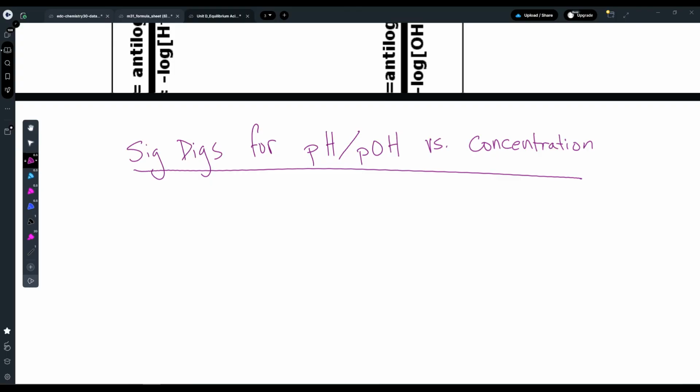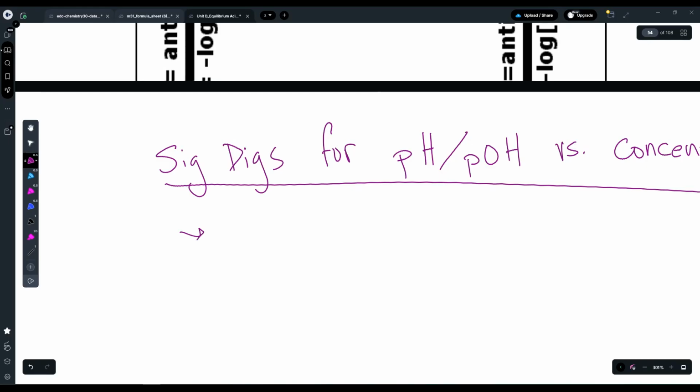Okay, so the easiest way to remember the sig dig rules for concentration versus pH or pOH is to think about the word concentration. The word concentration does not have the letter P in it, therefore you've got to look at the entire number to determine the sig digs in a value for concentration.